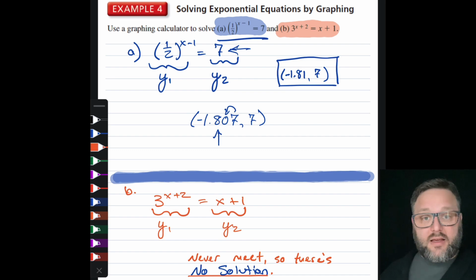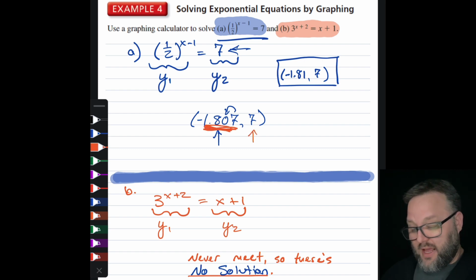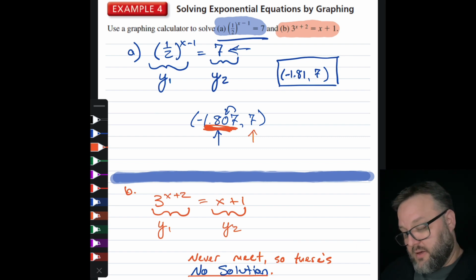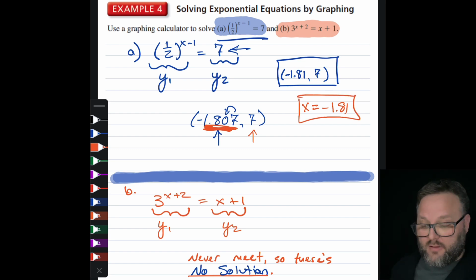We looked at where they meet, which was negative 1.807 comma 7. And since they met at y equals 7, x was this. Our answer actually is x equals negative 1.81. I should have put that as a better, more accurate answer.